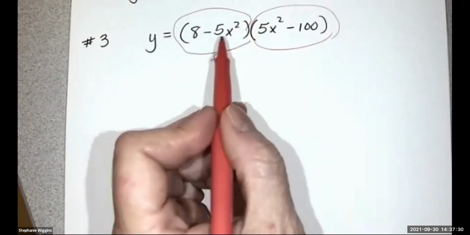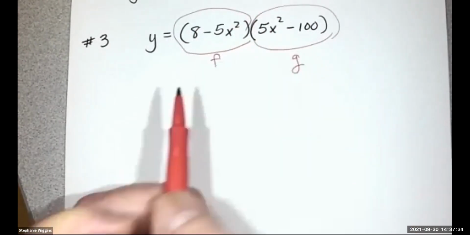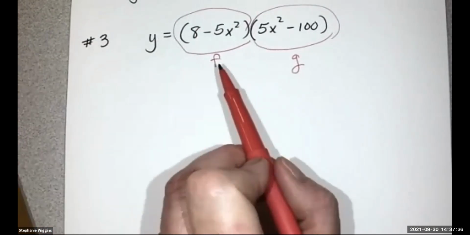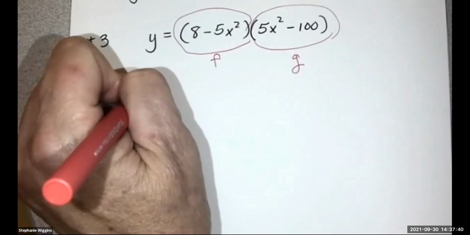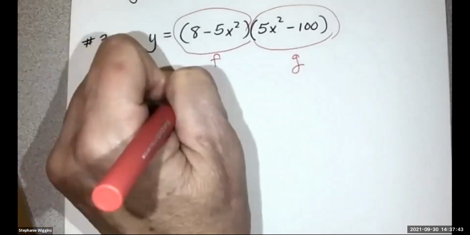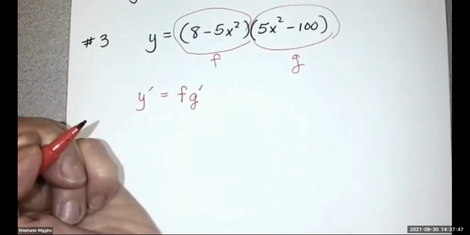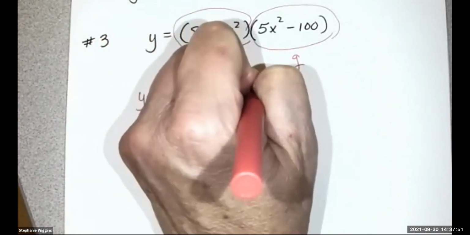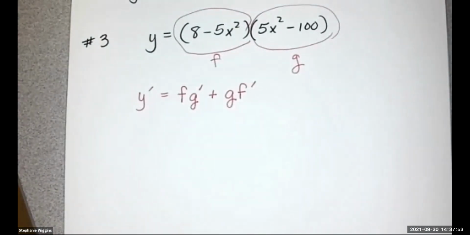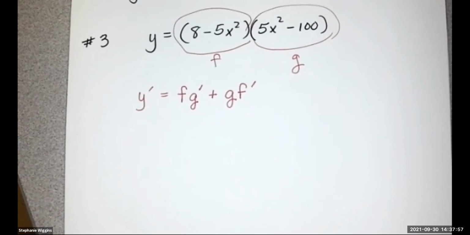So the first function would be the 8 minus 5x squared. The second function is g. And when we multiply them to find the derivative of that product, by the product rule, your derivative is going to be the first function, which is f, multiplied by the derivative of the second function, plus the second function multiplied by the derivative of the first. So this is the rule that you're going to apply.